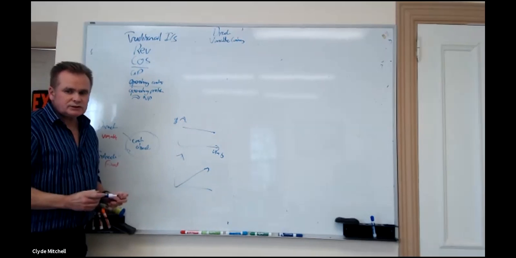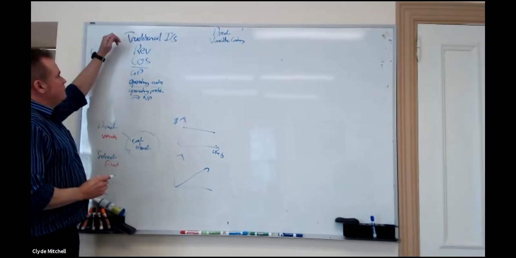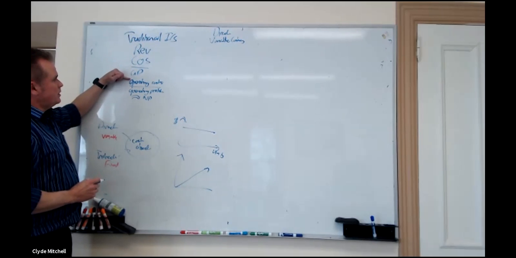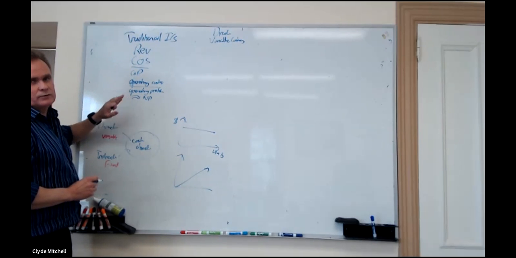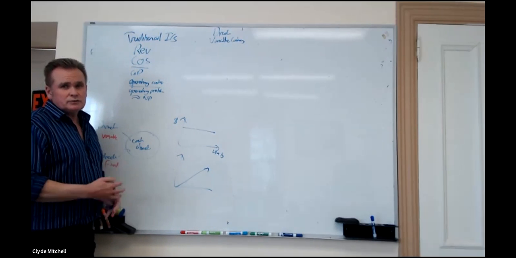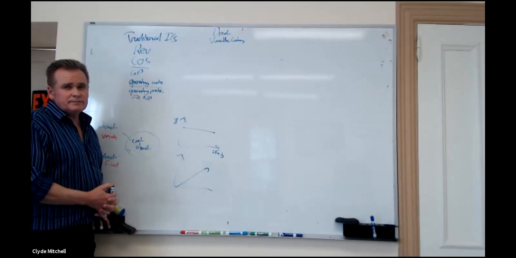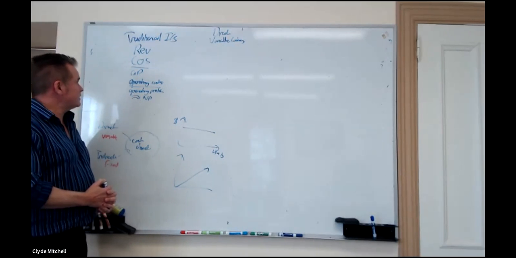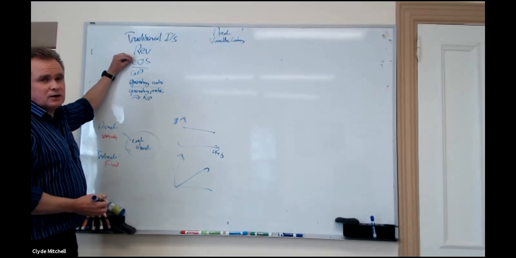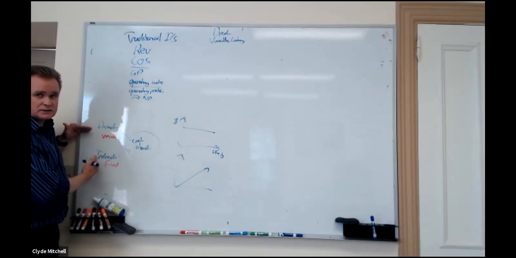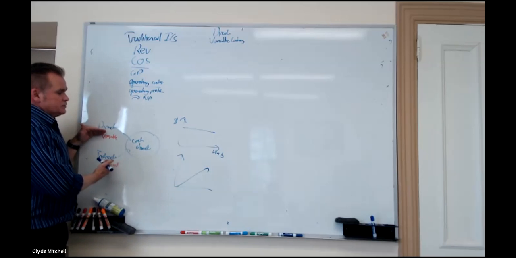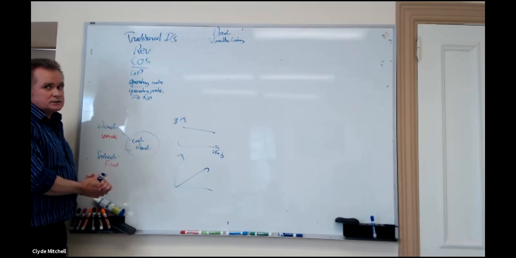So the way that we traditionally put together an income statement, we have revenue minus cost of goods sold gives us gross profit, minus operating costs gives us operating profit, or in this case, we can abbreviate that as net profit. That's the traditional way of producing an income statement. It's also known as absorption costing, because the cost of goods sold is largely about manufacturing costs, and we are taking all the costs, certainly the manufacturing costs, both variable and fixed, and we are absorbing them into the cost object.